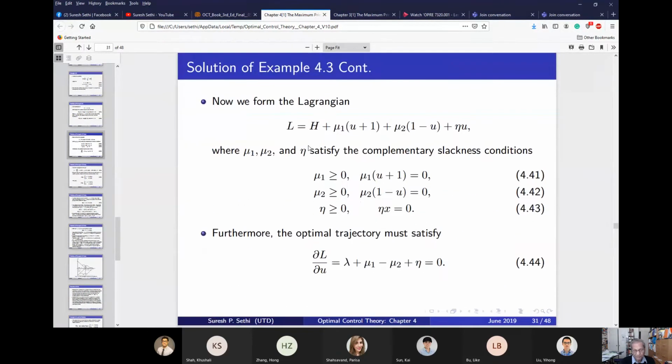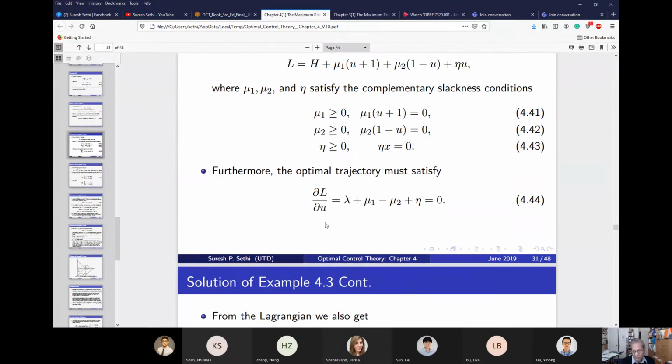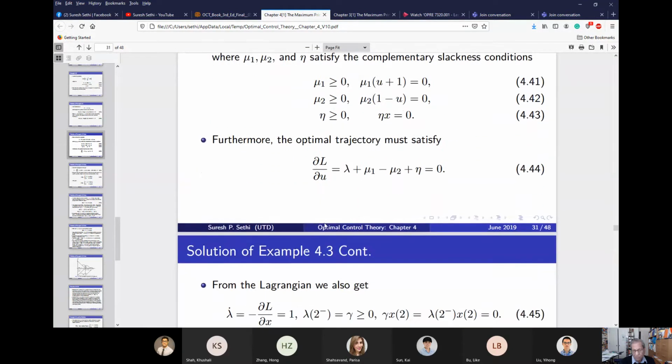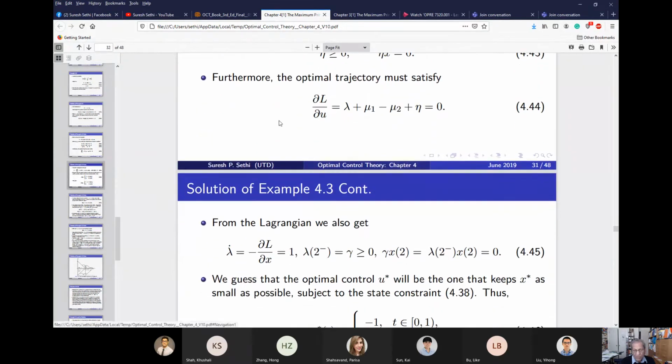We have a Lagrangian. And we have all these other conditions, the complementary slackness conditions. As you can see, eta is applicable only when x equals 0. And now we have delta L over delta u, that gives you 0.